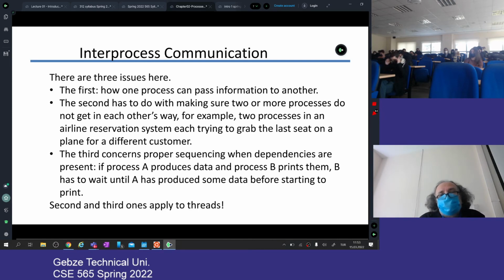So there are ways of doing it, but it is very easy to pass information between threads, because that's the whole point of threads.